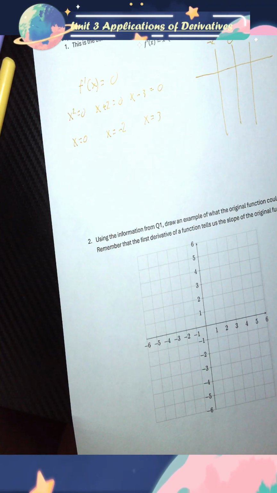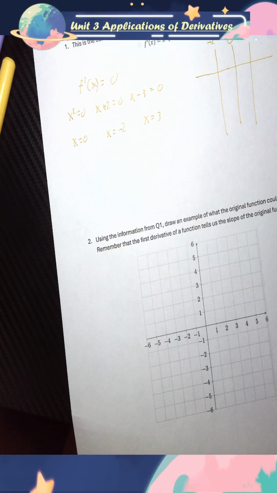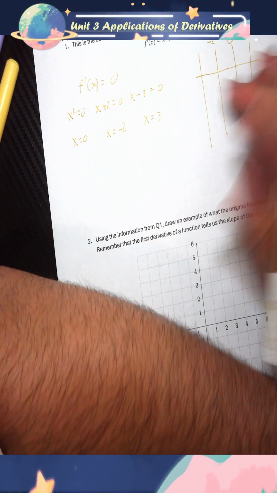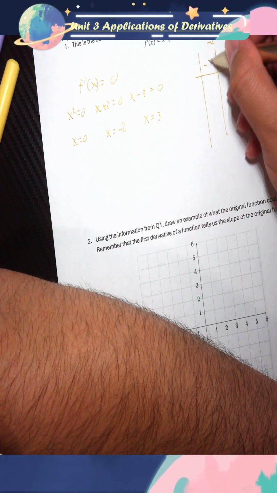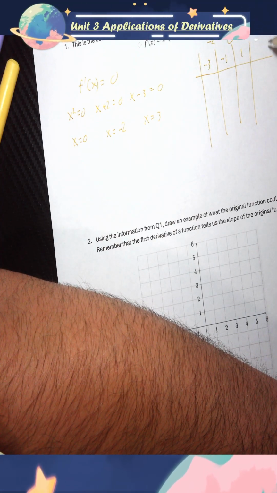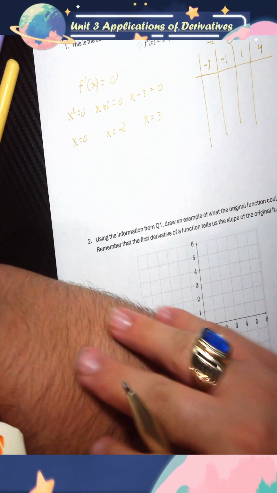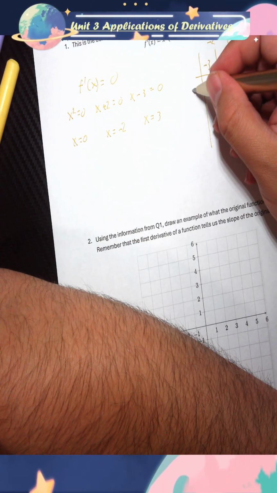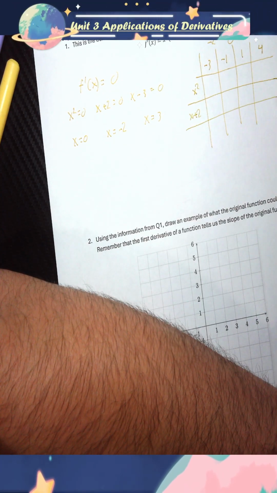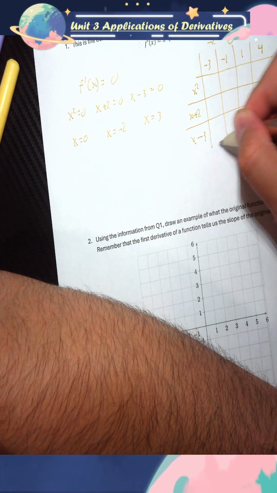So we need to pick easy points in between these. Let's just go on the outsides. So let's just do negative 3, negative 1, 1, and then 4. And we have x squared, x plus 2, and x minus 3 to evaluate for these.